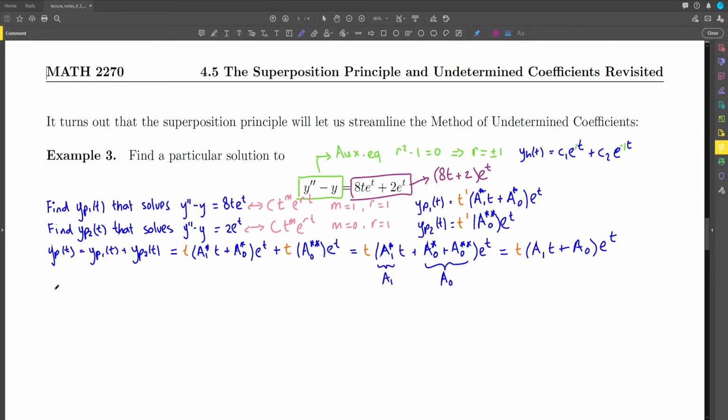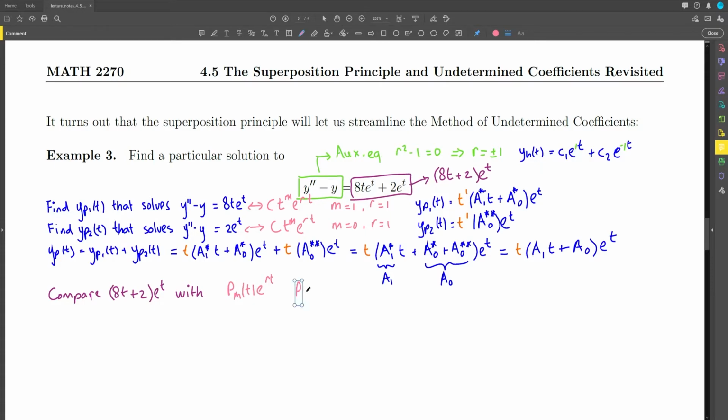So now instead we compare our right-hand side, 8t plus 2 times e to the power t, with, instead of c times t to the power m, p sub m of t times e to the power rt.